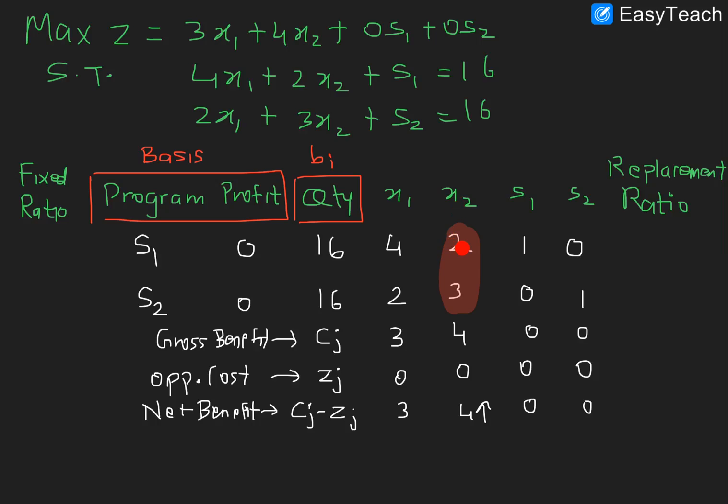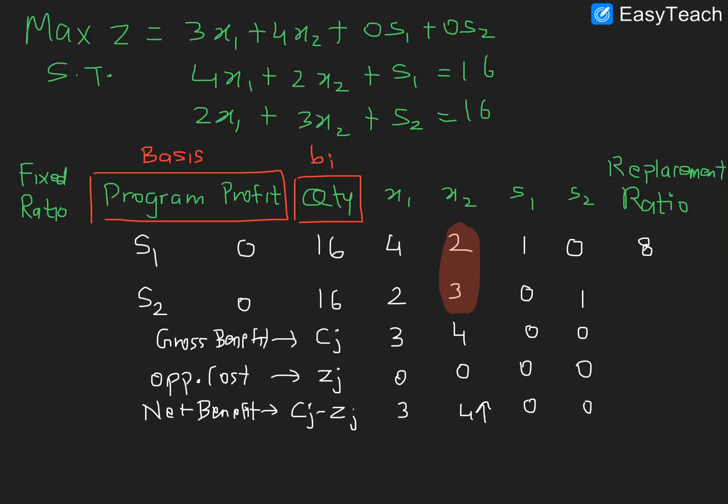Now when I have 16 units available with me, how many units of X2 at the maximum can I produce? Each unit requires 2 kgs of raw material. So obviously, sir, the maximum that we can produce is 16 by 2, or 8.